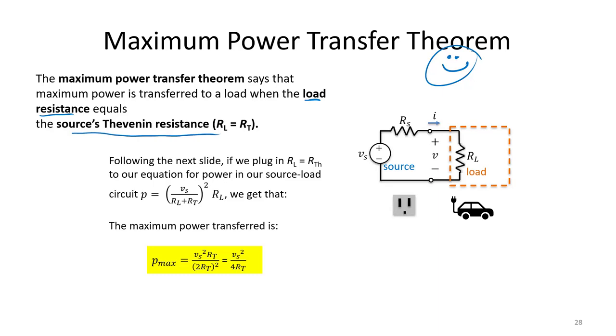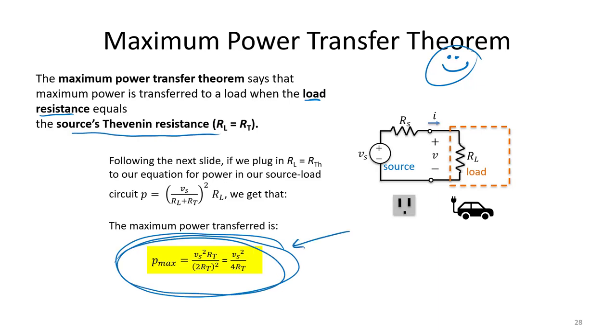And so if that condition is satisfied, you'll remember that the maximum power we're able to transfer is given by the maximum power transfer theorem equation here. So maximum power will be equal to our source Thevenin voltage squared divided by 4 RT. So if we know the Thevenin equivalent of a circuit, we can very conveniently determine the maximum power transfer capabilities of that circuit.